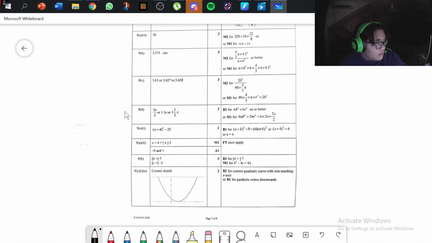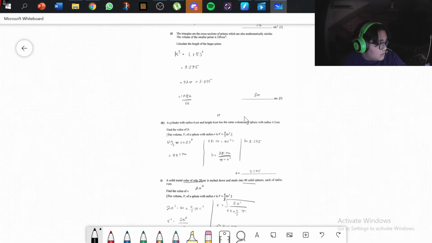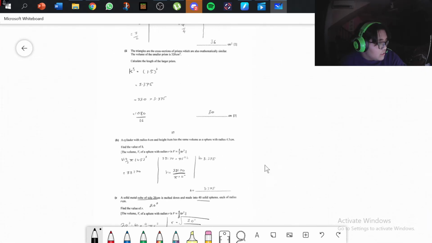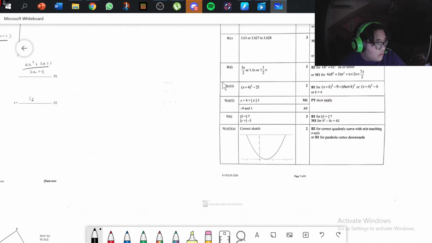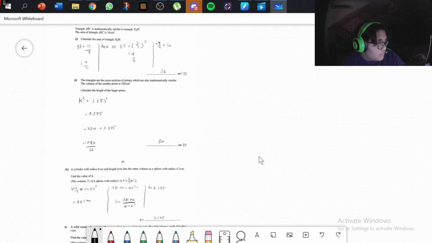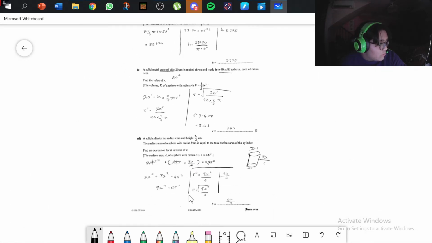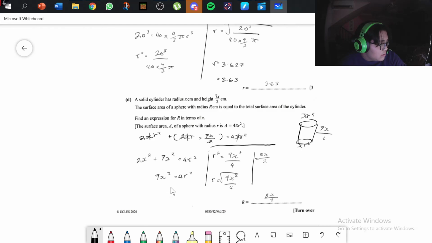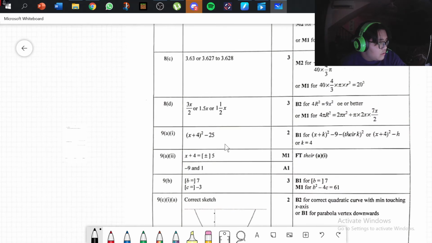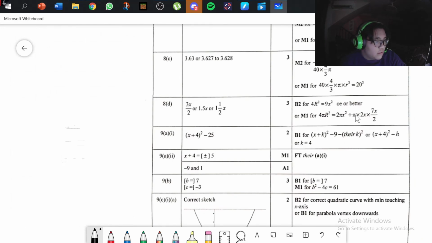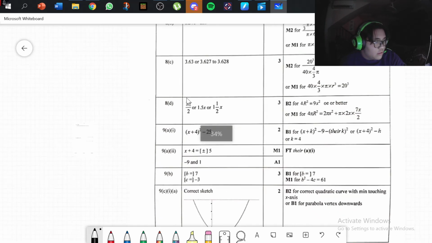Same goes for 8c, even though our working is different, we still get the same answer, 3.60. And 8d, the last one, that is our working, and if you check right here, we get the same answer. See, it's the same.